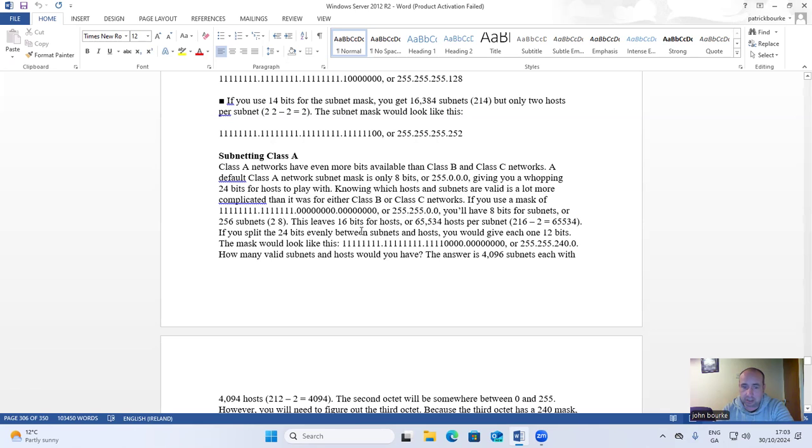This leaves 16 bits for hosts, or 65,534 hosts per subnet: 2^16 minus 2 equals 65,534. If you split the 24 bits evenly between subnets and hosts, you would give each one 12 bits.